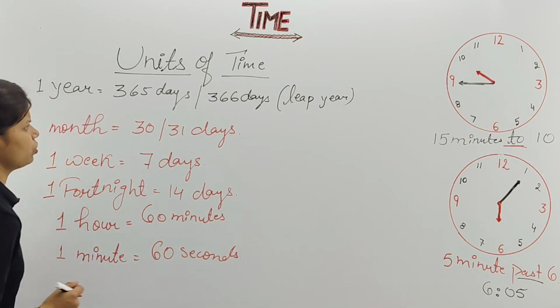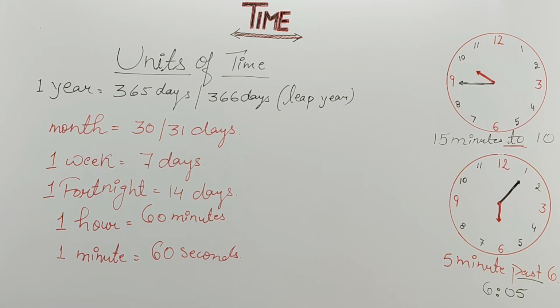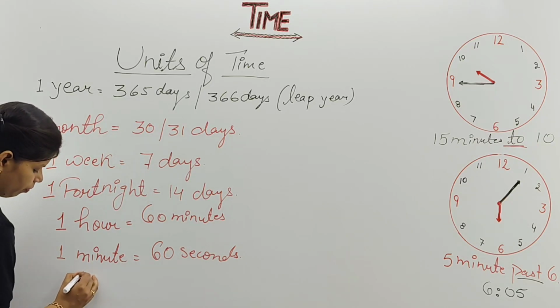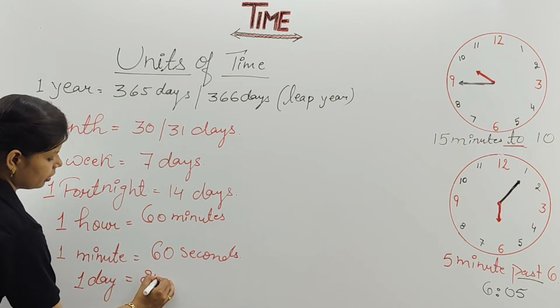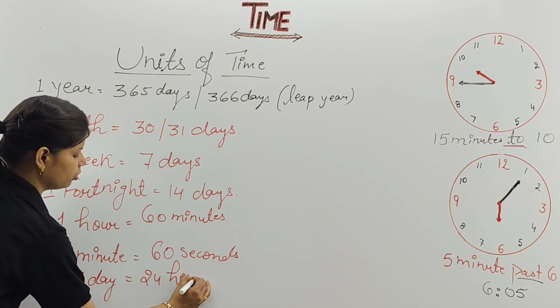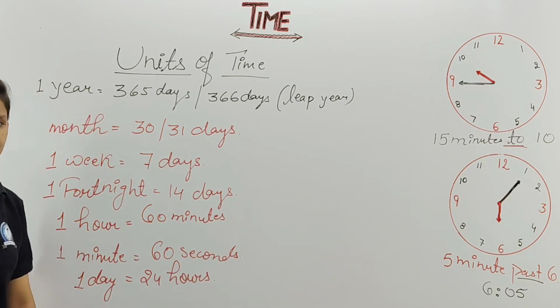Children, these all are the things which you have to remember for the units of time. Clear? Okay. And last we are having, like I think you have written already, 1 day equal to how many hours? 24 hours. Clear?